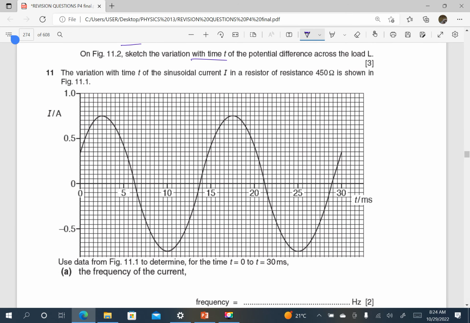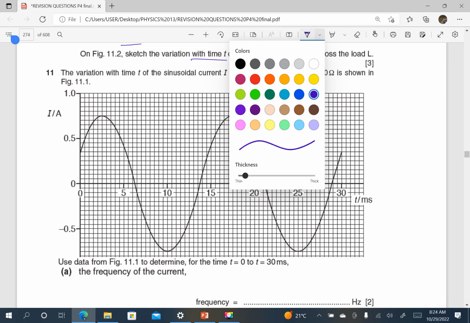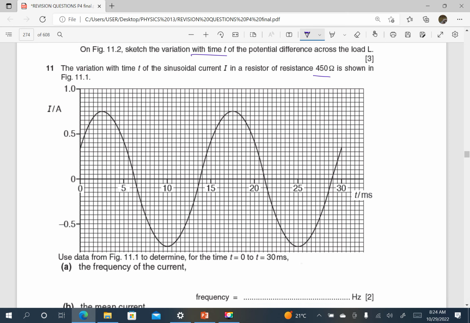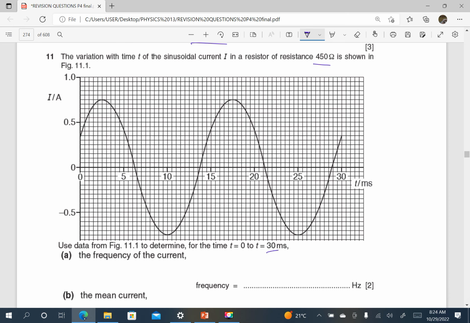Okay, next, the variation with time t of a sinusoidal current I in a resistor is shown in the diagram. The resistance is 450 ohms. Use data from the figure to determine, for time t equals 0 to time t equals 30, the frequency. So we can first see the period.